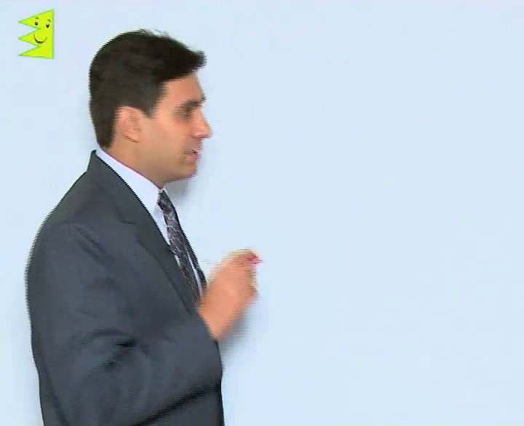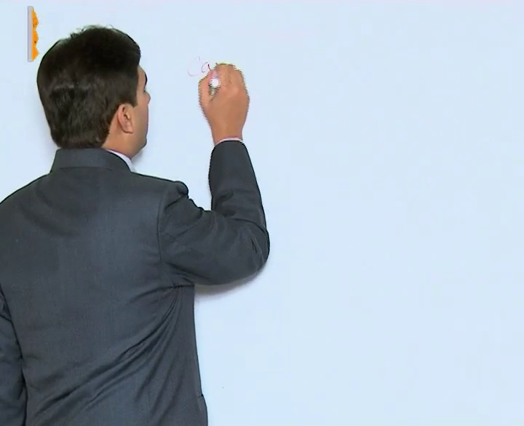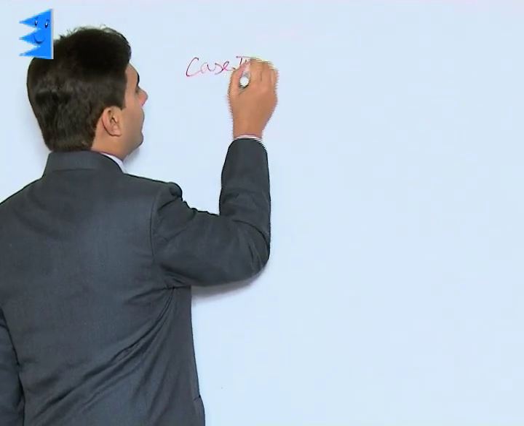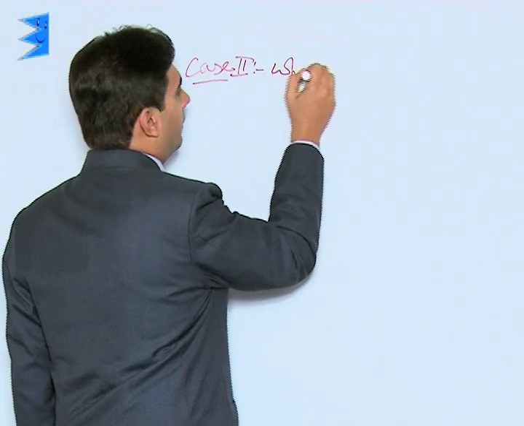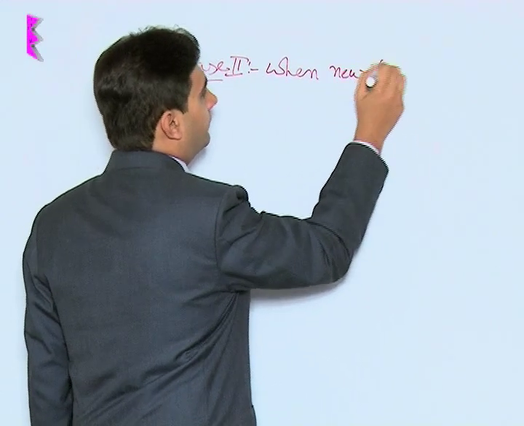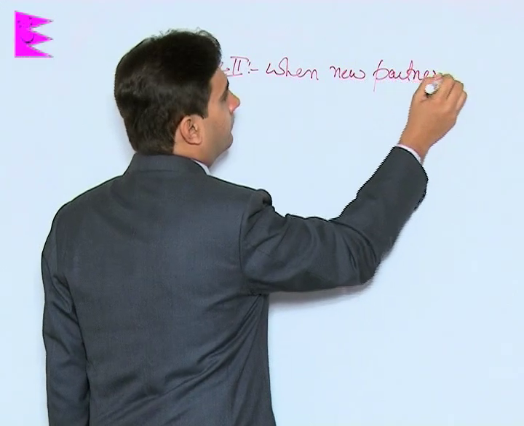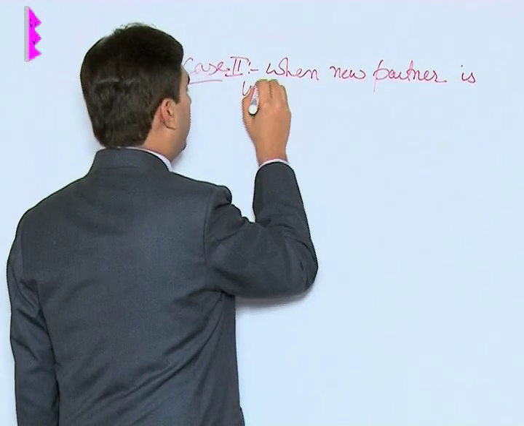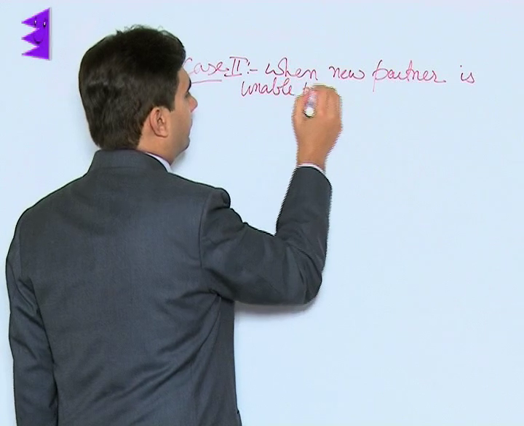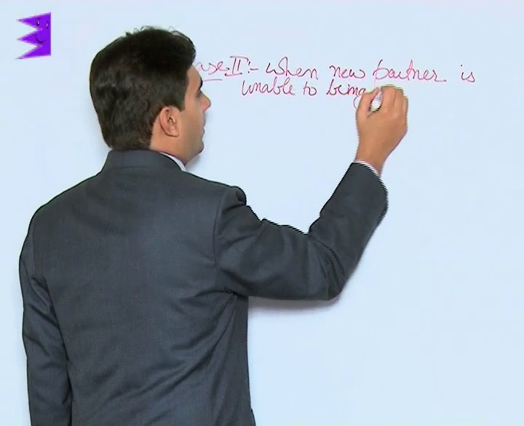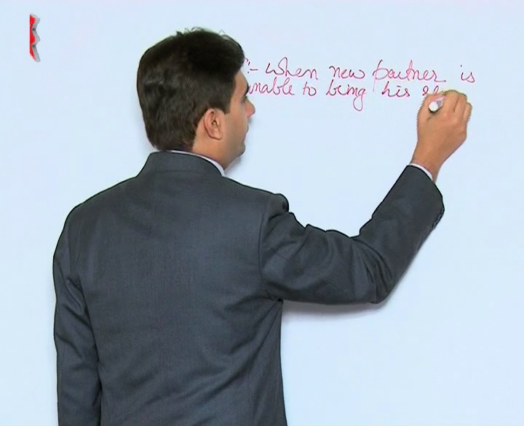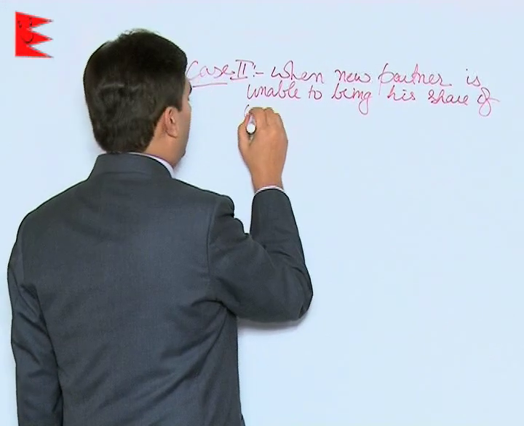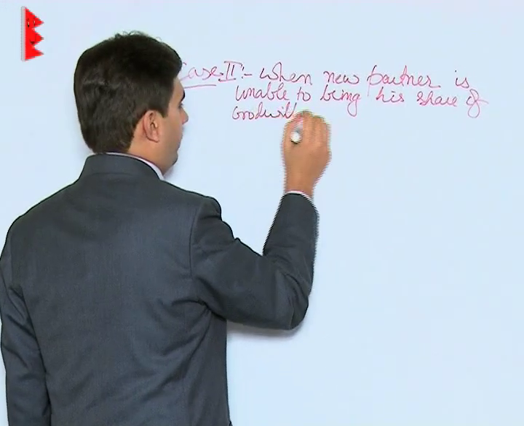Another situation arises, that is when the new partner is unable to bring any amount of cash for his share of goodwill. That is case 2, when the new partner is unable to bring his share of goodwill in cash.